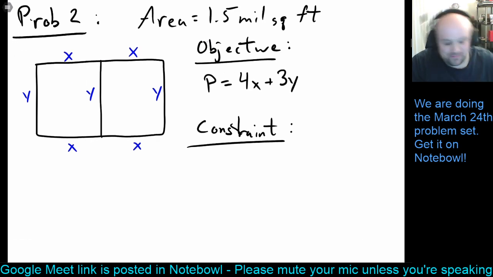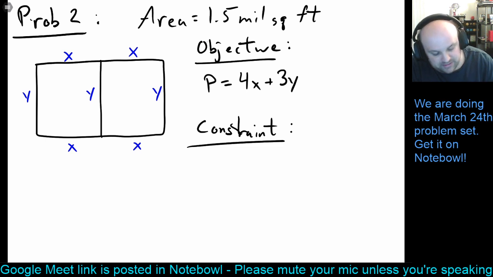So that's our objective function. This area up here is how we are going to get our constraint. So that area is the area of the big rectangle here, right? Which is the sum of the area of the 2 small ones. So the constraint is that, well, let's see.